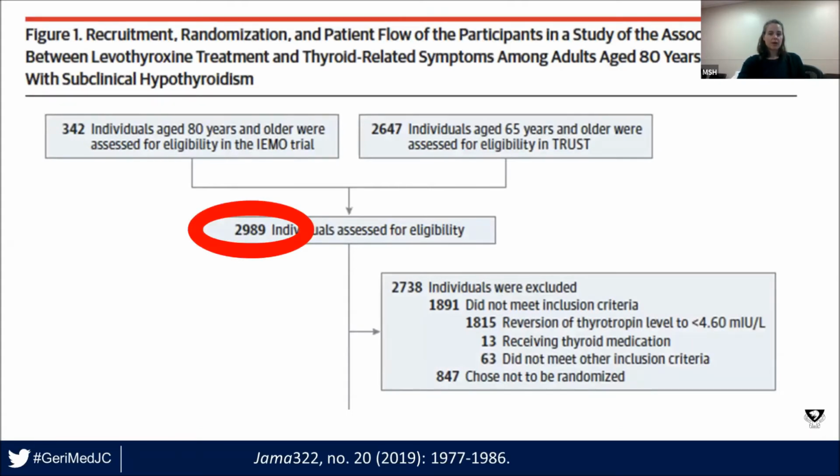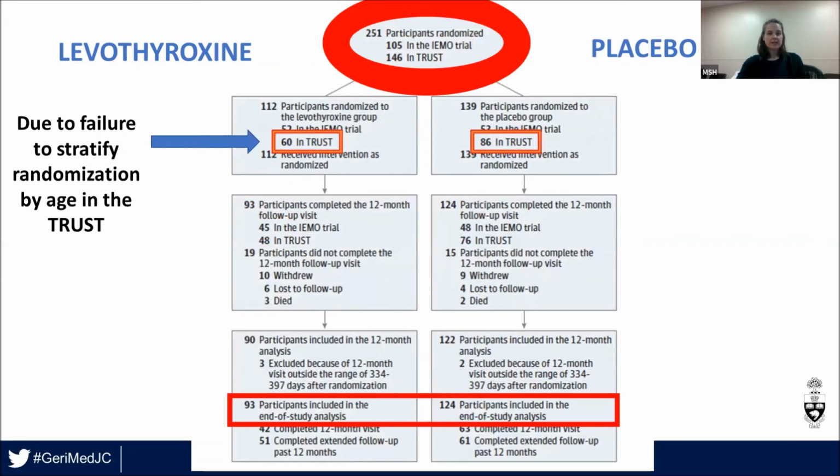So almost 3,000 people were assessed for eligibility. And in the end, 251 participants were randomized, and that's 105 in the IEMO trial and 146 in the TRUST.